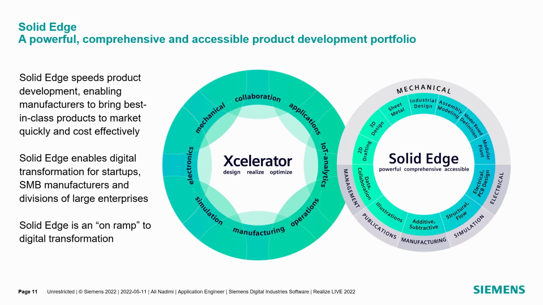It also includes solutions for data management for all the technical data that is created and consumed when supporting the comprehensive digital twin. It facilitates collaboration both within manufacturing companies and with external resources, including suppliers and customers. Solid Edge is the on-ramp to digital transformation.